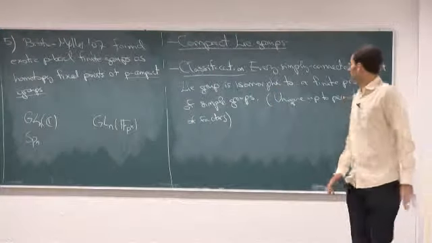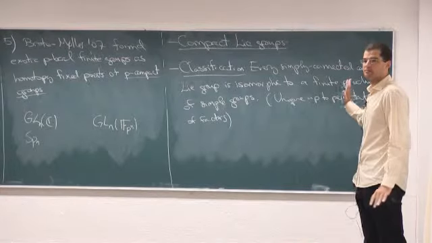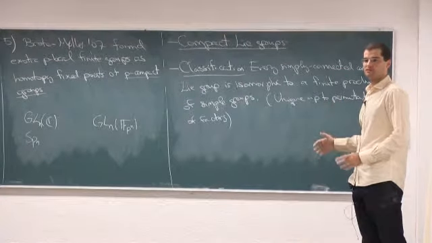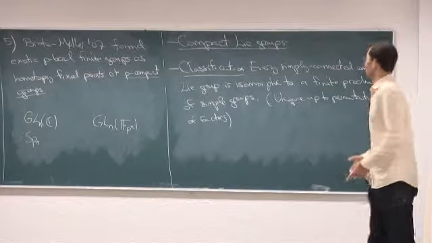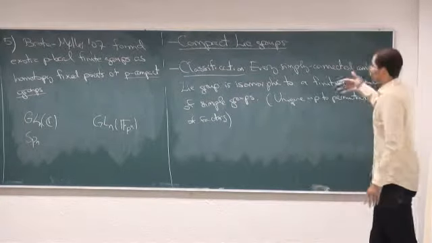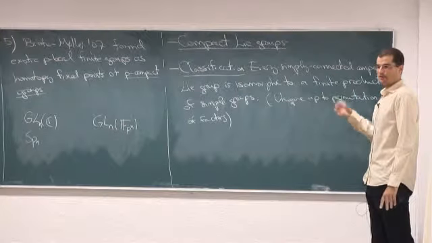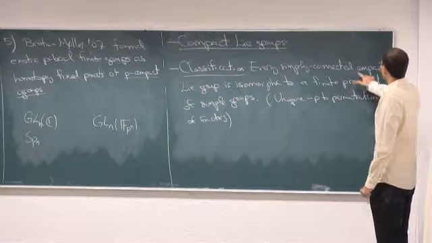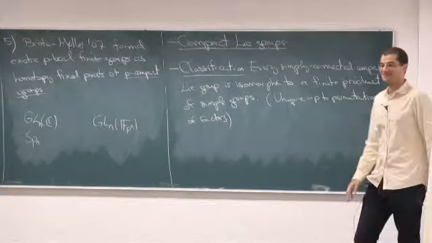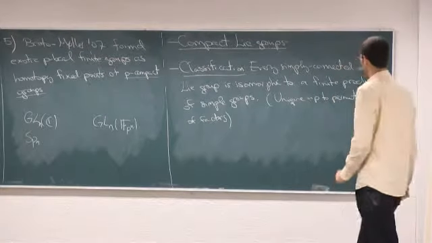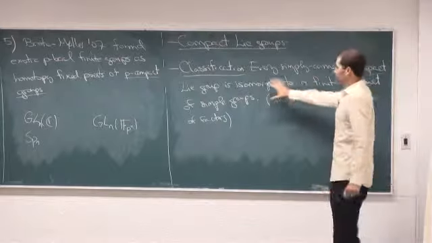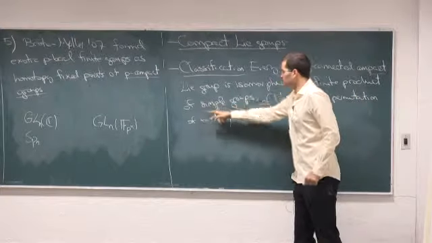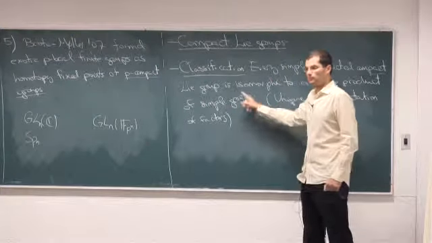Okay. Well, I guess I haven't said what a compact Lie group is, but I guess most people know. A Lie group is a group that is also a differentiable manifold. And, well, the multiplication is differentiable, the inverse is differentiable, all that. And compact, well, it's compact. Nothing to explain there. Okay, so this is the classification. And in the classification, moreover, we can specify the list of simple groups.